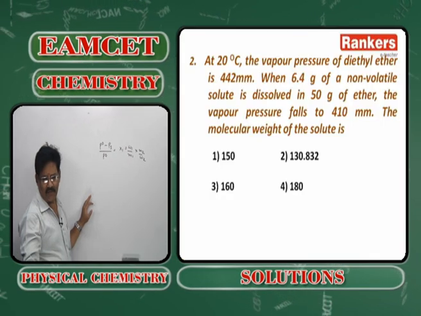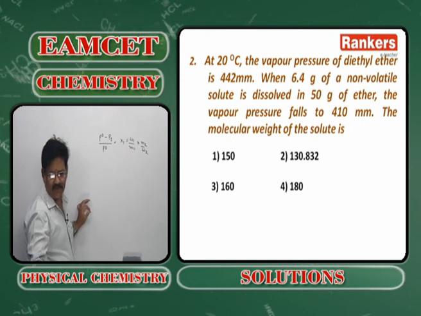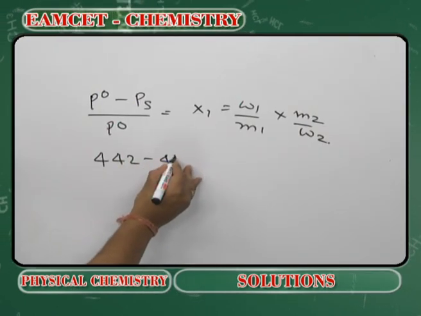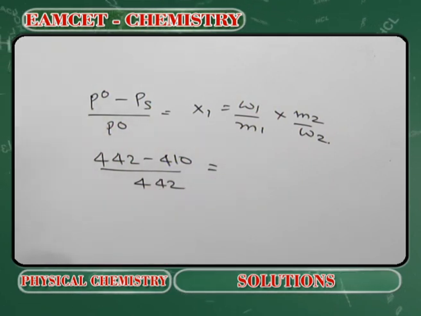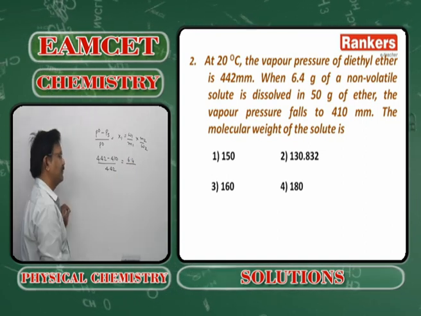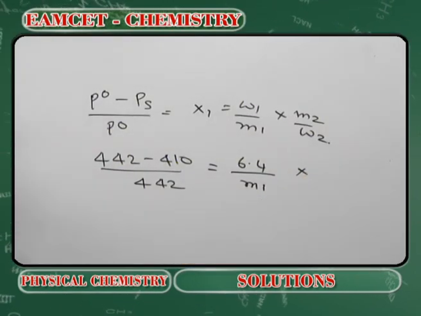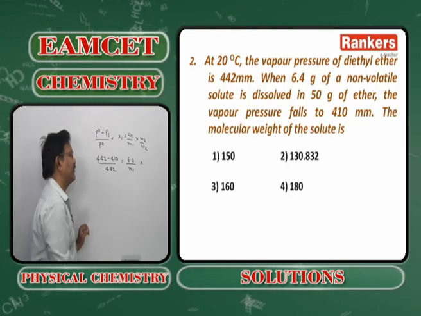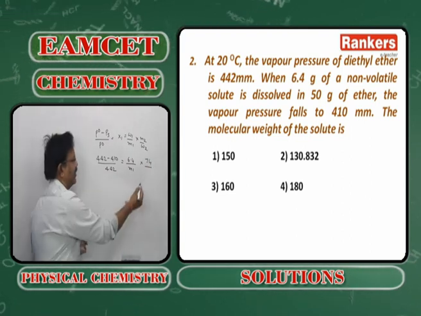Now, what are the values? 6.4 grams is W1, and the P naught value is 442. So (442 minus 410) by 442 is equal to 6.4 by M1, which we have to find, into M2, the molecular weight of diethyl ether, C4H10O, which is 74, by W2, 50 grams.